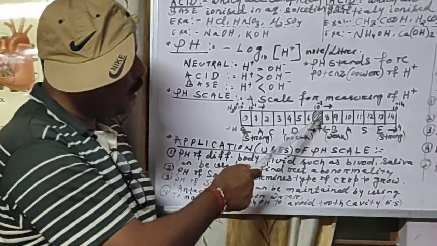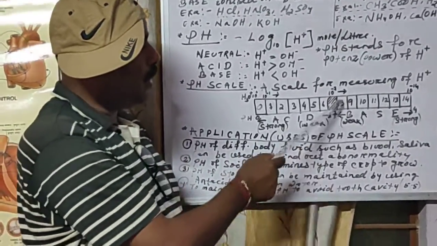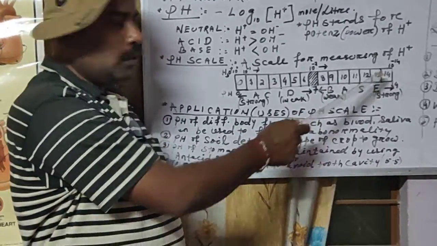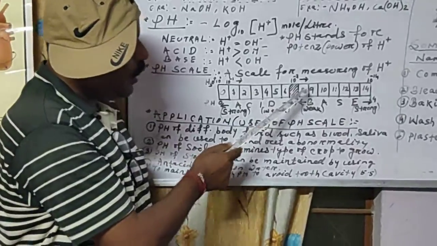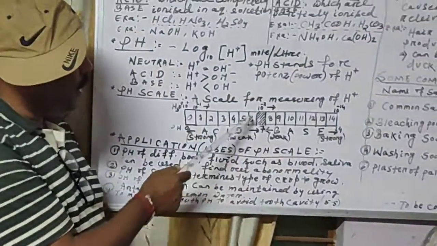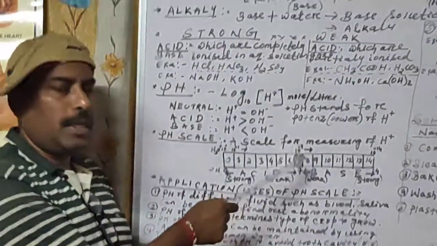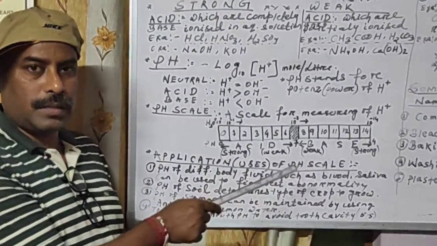And more than 7, like 8, 9, 10, 11, 12, 13, 14, come under the base. So more than 7 are base, less than 7 are acid, and exactly 7 is neutral, neither acid nor base.